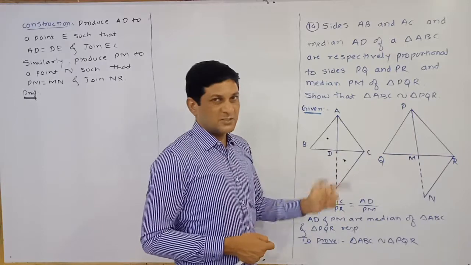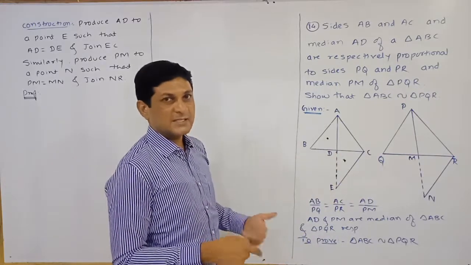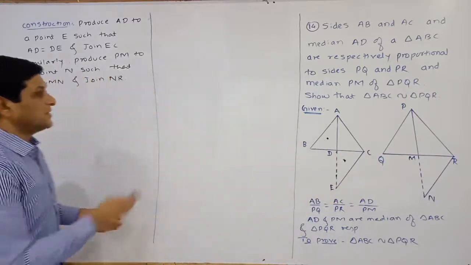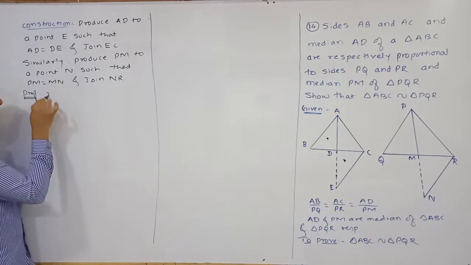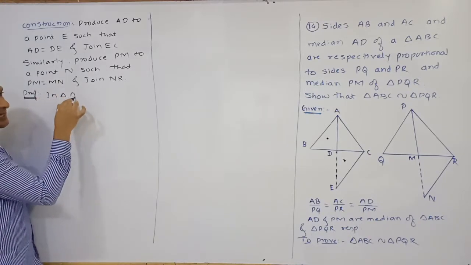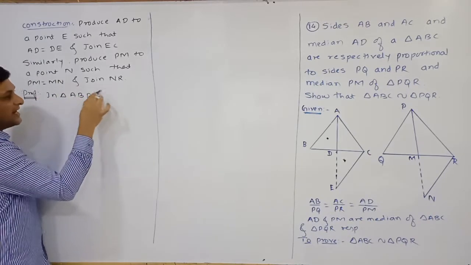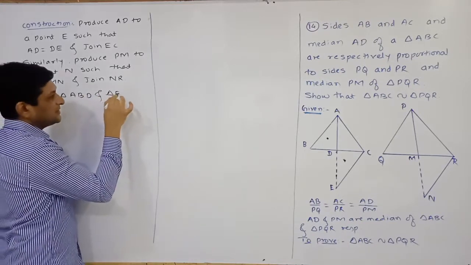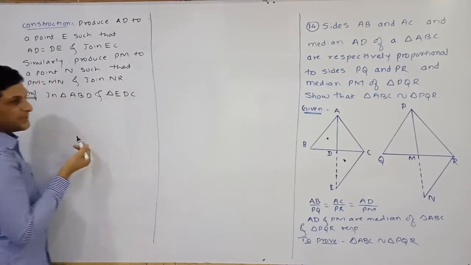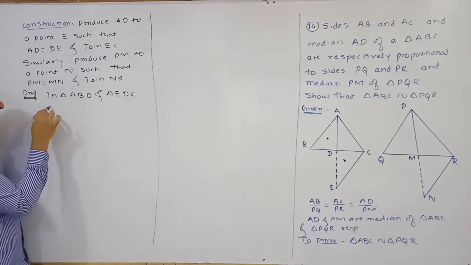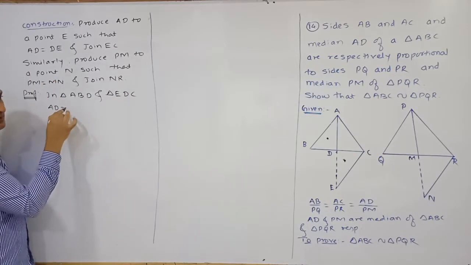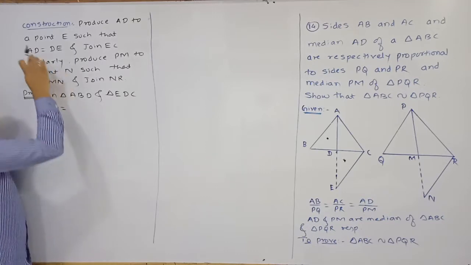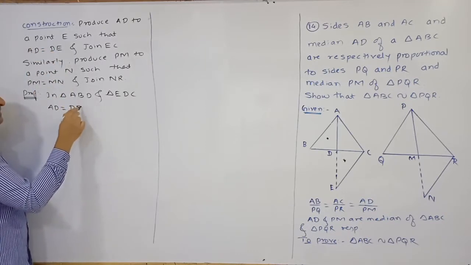That's why we can say that these two triangles are congruent by SAS test. So in triangle ABD and triangle EDC, we can say that AD is equal to DE. This is our construction.